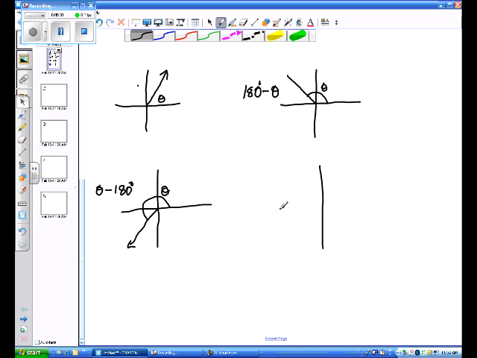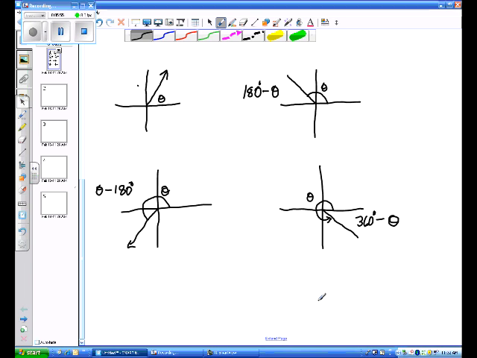And in the fourth quadrant, we rotate around theta. We want our reference angle. Well, we know the complete rotation is 360 degrees, minus whatever theta is, would give us our reference angle.